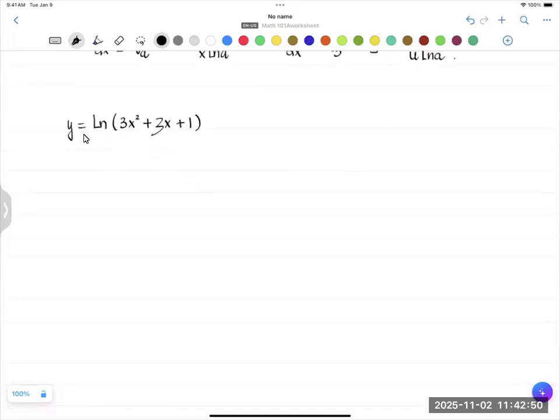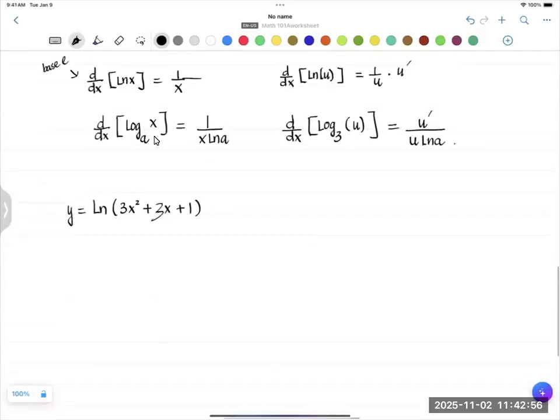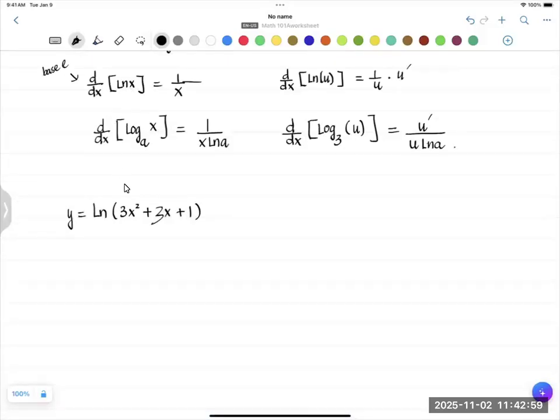Let's find the derivative of this logarithm function. This is ln, the natural log of base e. The argument of the ln is not a single x, but an algebraic function, so that's your u, whatever is inside the parentheses.